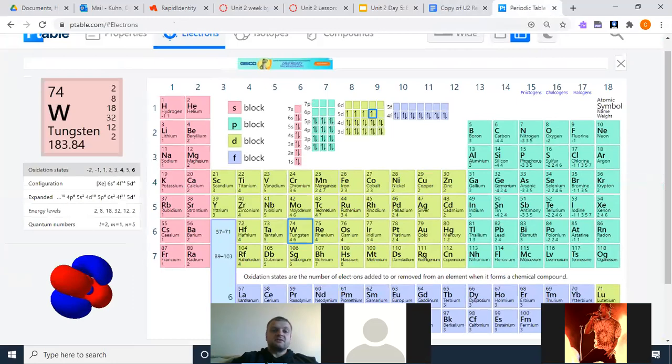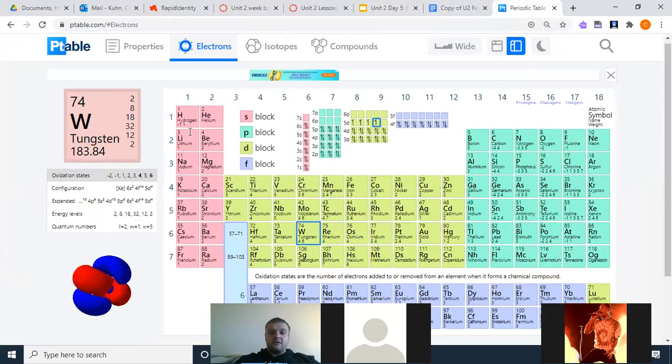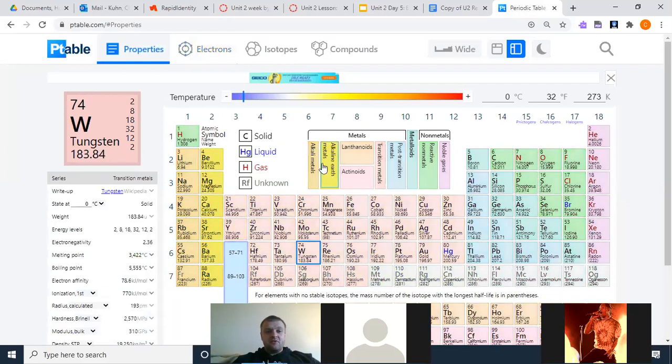Okay, let me turn it back to the other one. If you do tungsten the long way, it's going to be 1s2, 2s2, 2p6, 3s2, 3p6, and so on. You're going to keep going down almost the whole periodic table. It is not worth it.